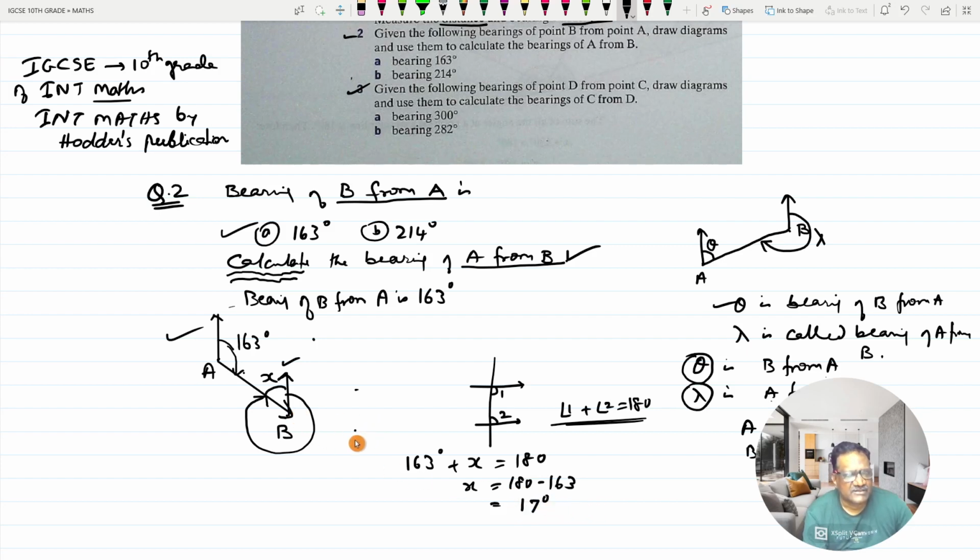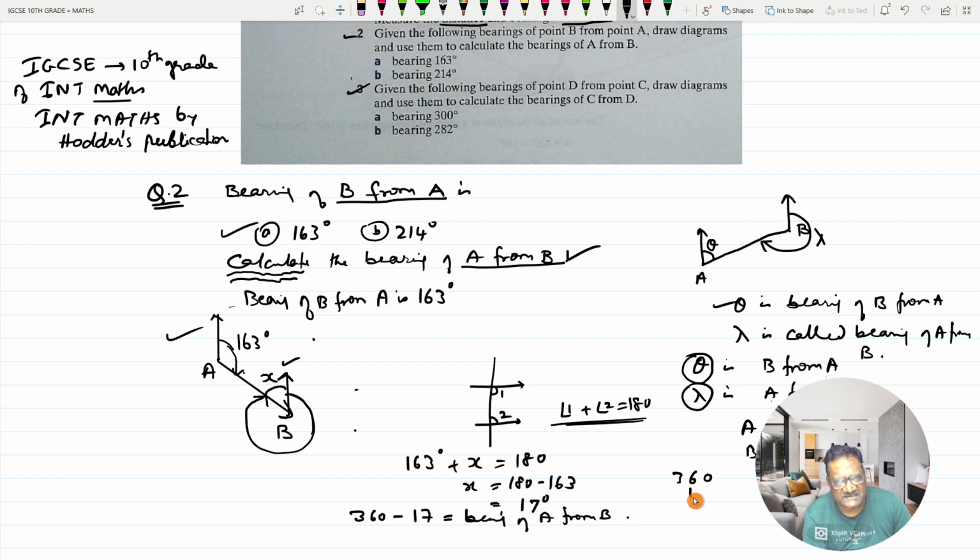Okay, so we have not completed. We want to find out the bearing of A from B, and the bearing of A from B is this. So if I do 360 minus this 17, this will give me the bearing of A from B. So 360 minus 17 works out to how much?